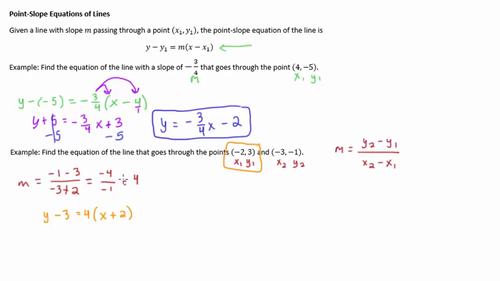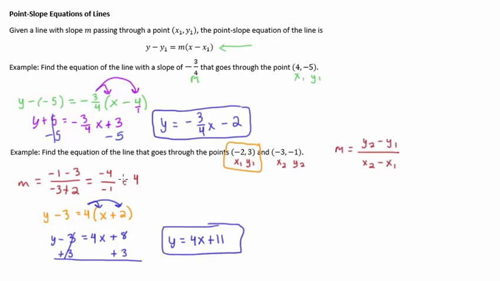The key thing to remember when you're working this out is distribute first and then move whatever's next to y. So this is y minus 3 equals 4x plus 8. Add 3 to both sides. And we get y equals 4x plus 11. And that's our slope-intercept form.